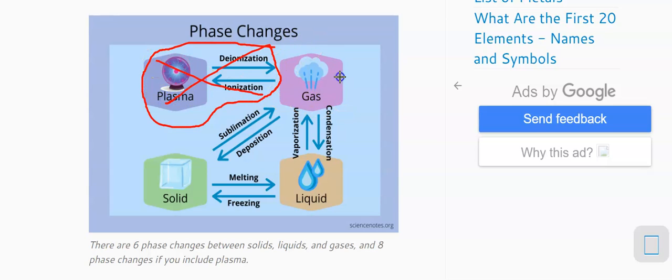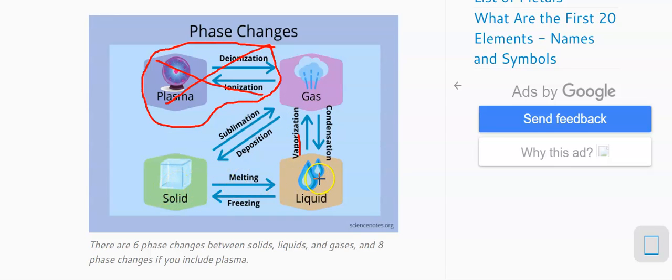But I do want you to include gas with an illustration. The fact that when you go from a gas to a liquid, it is called condensation. And when you go from a liquid to a gas, it's called, do I want you to use vaporization? No, I want you to use evaporation. And then when you go from a solid to a gas, that is called sublimation. When you go from a gas to a solid, that is deposition.